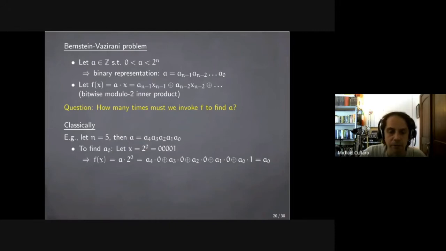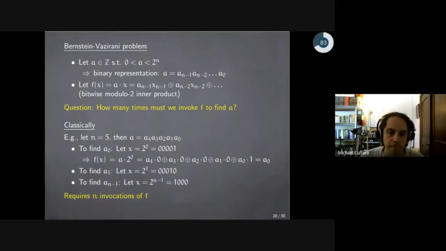To find the 0th bit, I take f of x, which is a dot product. These ones all evaluate to 0, whereas this one evaluates to a0, and that's our 0th position. You can do the same thing for all of the different bits. That's going to require n invocations of f, which is not bad actually, because n is linear, and linear time is not a bad thing in computational complexity theory. But it's still n invocations of this oracle that we need to make.